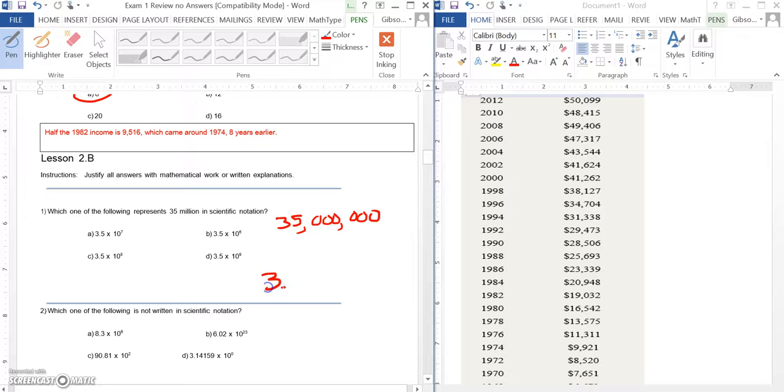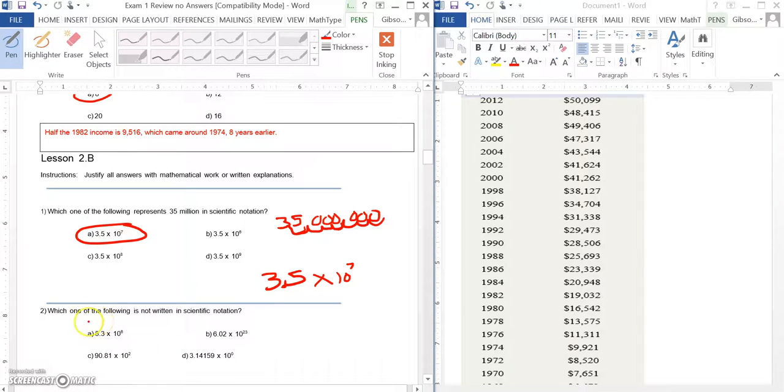So we know we would have 3.5. Okay, now, to get to 3.5, we know we had to go 1, 2, 3, 4, 5, 6, 7 places to the left. So it'd be 3.5 times 10 to the 7th power, which happens to be A. And that is our final answer.